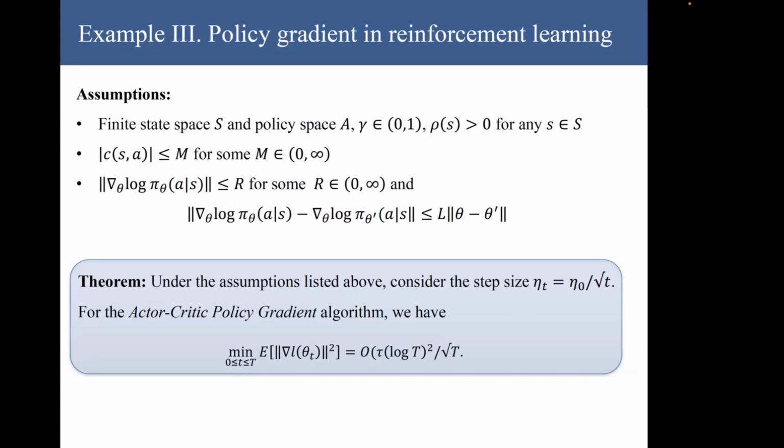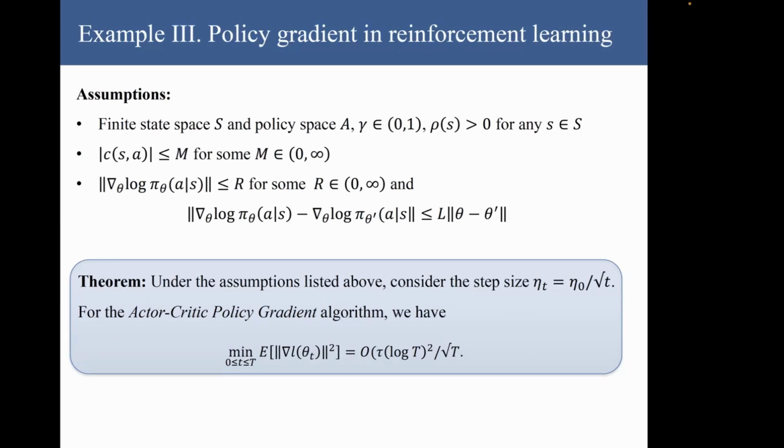Essentially, when you do a regeneration, you have an opportunity to visit every single state. I require the instantaneous cost function to be bounded, and I require the policy function to have certain Lipschitz continuity. Under these conditions, we can show that the conditions required in my previous convergence results hold.